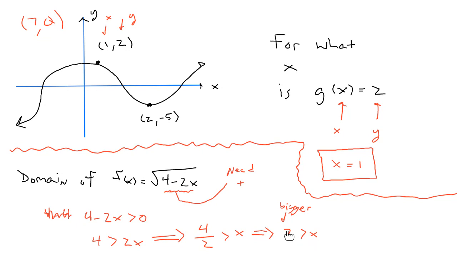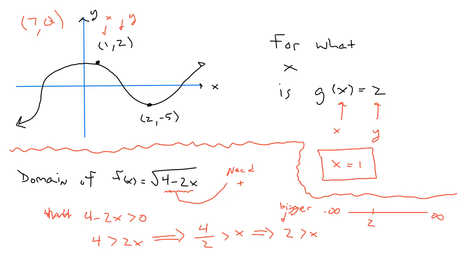So where are all the numbers that are less than 2? Think about it if you had the number line. Okay, so here's the number line right there. And say here's 2 on the number line. Here's infinity out here, and here's negative infinity out there. So the domain is that the x has to be less than 2.